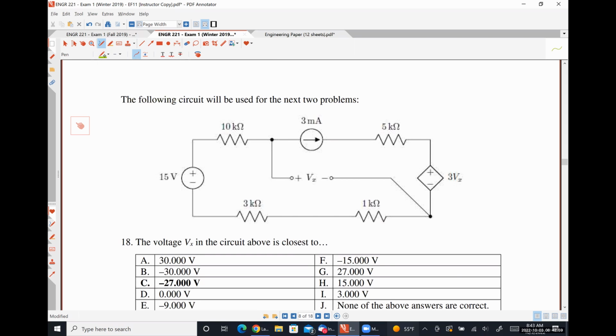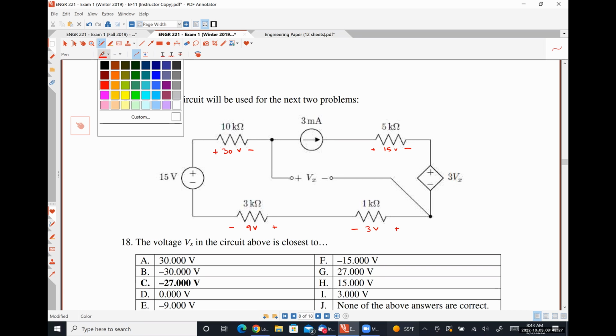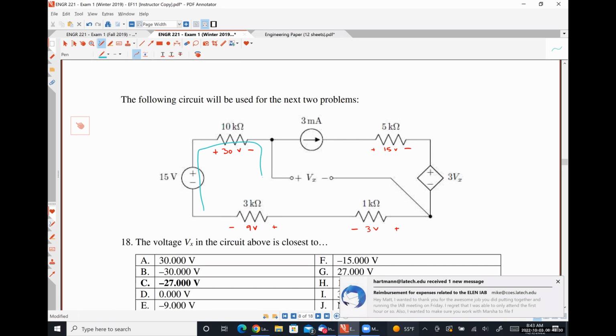So I can say, let me do this in red, that there is a voltage drop of 30 volts over this 10 kilo ohm resistor, a voltage drop of 15 volts over this 5 kilo ohm resistor, a voltage drop of 3 volts over this 1 kilo ohm resistor, and a voltage drop of 9 volts over this 3 kilo ohm resistor, right? And so from there, I can solve for Vx simply by writing a KVL equation around that path.